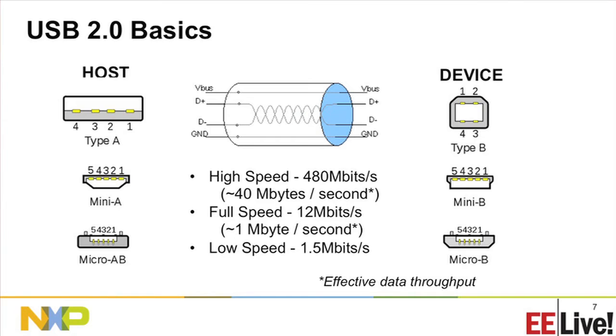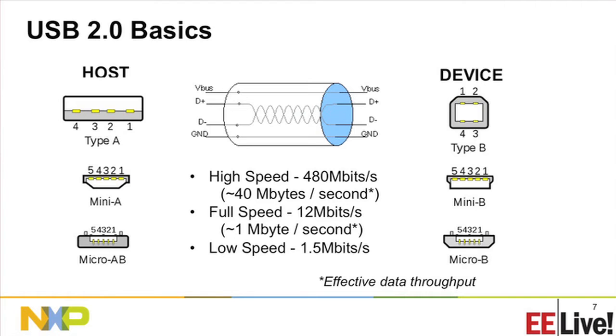On the physical side, USB is a 4-wire serial bus with VBUS and ground, as well as the twisted pair D+ and D- for differential signal transmission. Some of the basics on the connector side we have provided here. On the host side, we have the A receptacle.